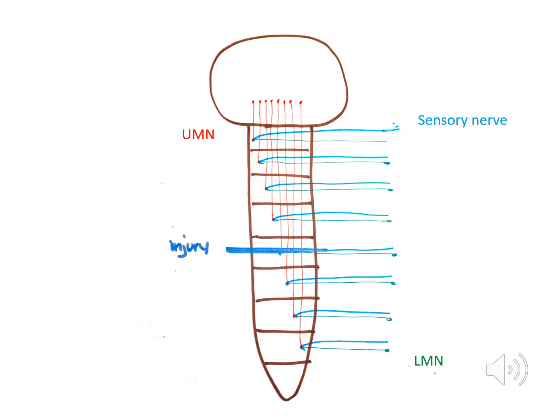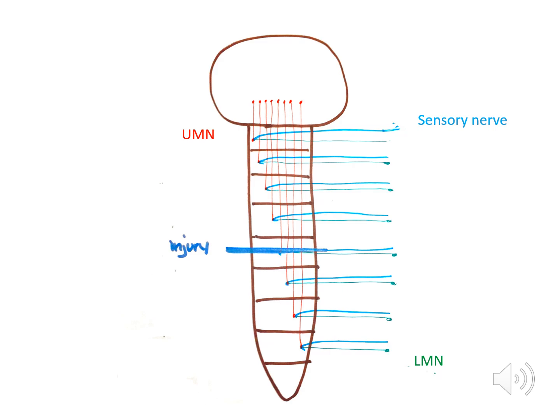Okay, so in this picture, I've made the upper motor neurons red and the lower motor neurons green. So you can see that at every spinal cord level, we have upper motor neurons coming down, synapsing with a lower motor neuron that's then going to carry out the motor activity. Does that make sense?